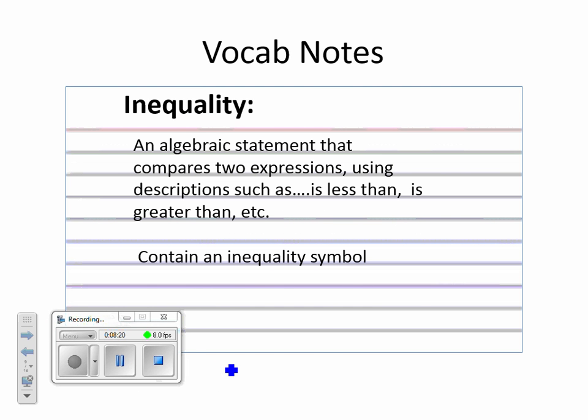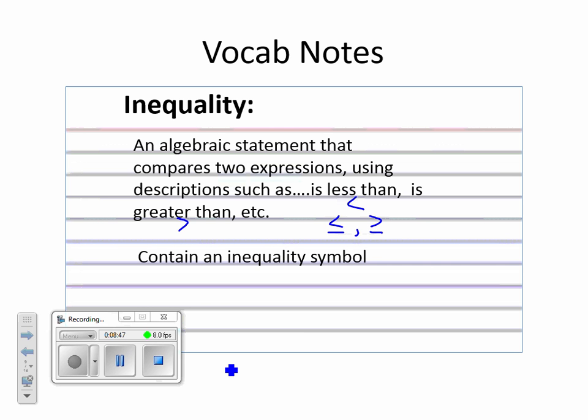An inequality is an algebraic statement that compares two expressions as well, but it's not an equal sign. We use descriptions such as is less than, is greater than, is less than or equal to, is greater than or equal to.